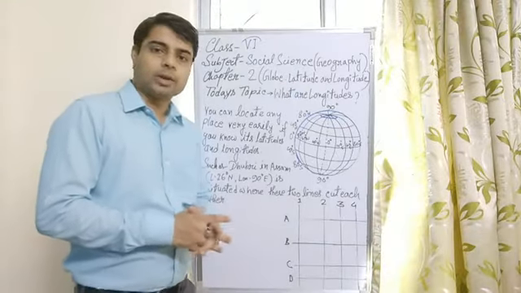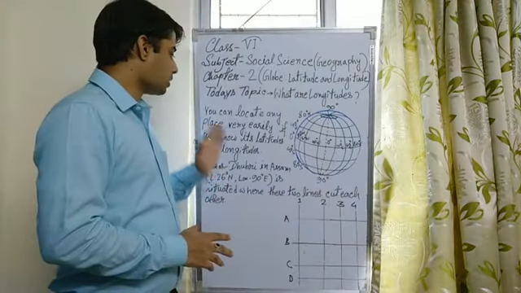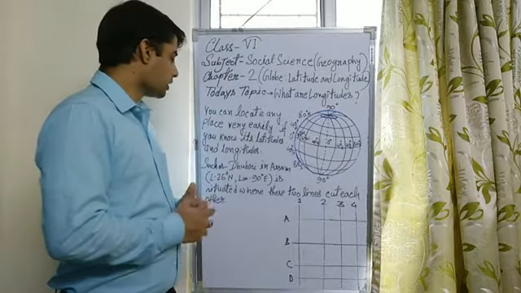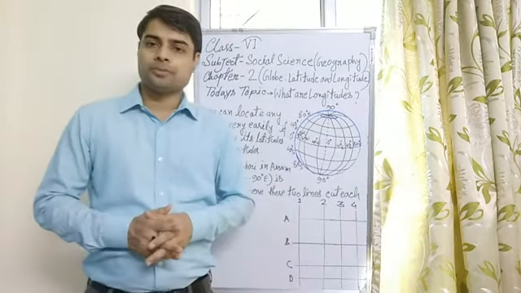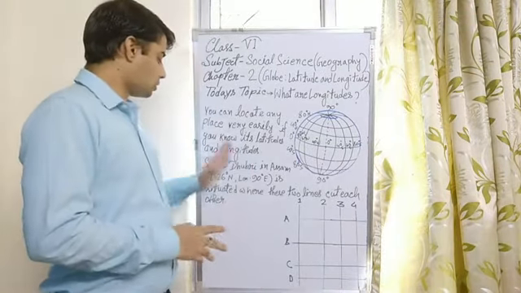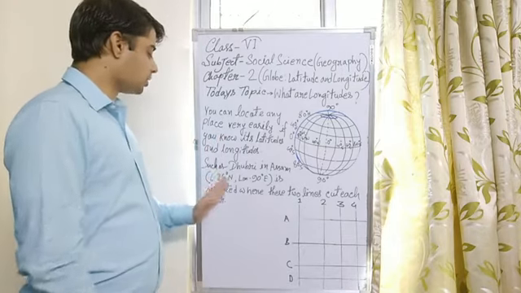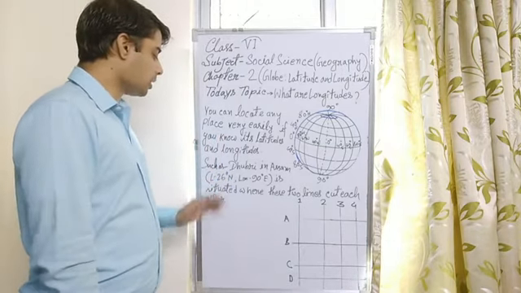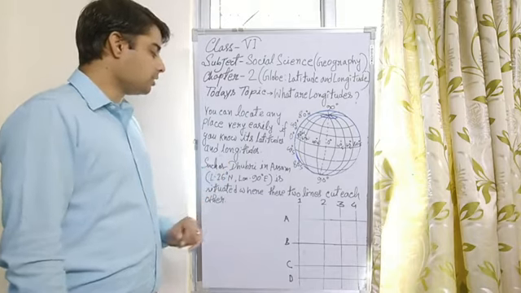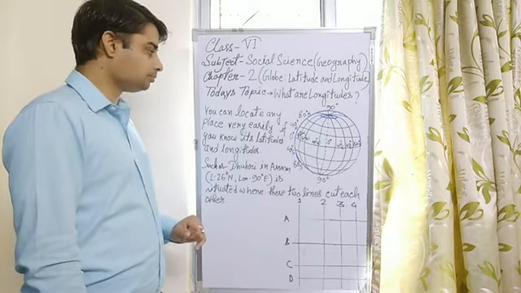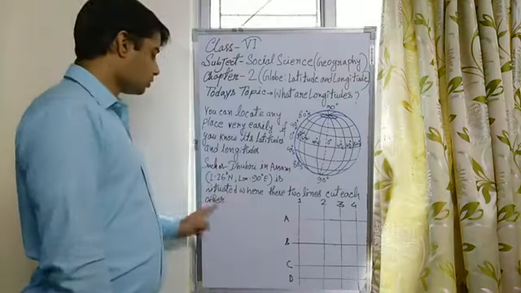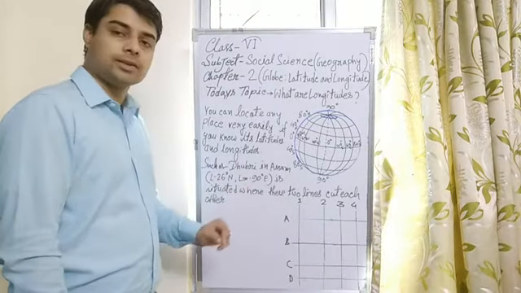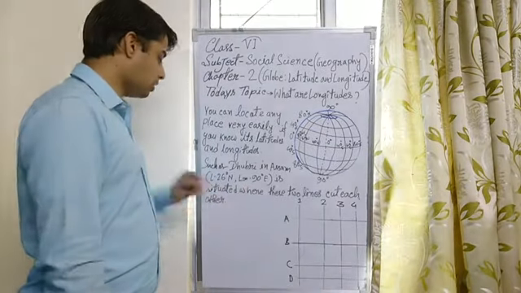As well, you can locate any place very easily if you know its latitude and longitude. Suppose Dhubri in Assam is situated at 26 degrees north latitude and 90 degrees east longitude, where these lines cut each other.